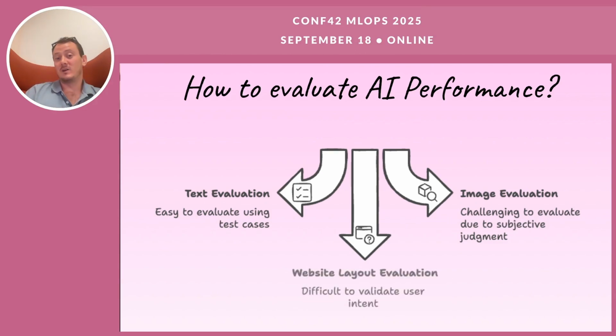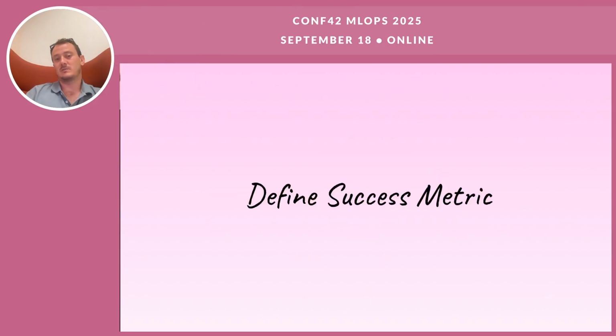So it's hard to evaluate images, and it's much harder to evaluate a whole structure of a website, of a page, because a user can ask for an about me page and it will have 7 different sections, but the user might have a different idea of how this page should be structured. So how should we evaluate this type of interaction?